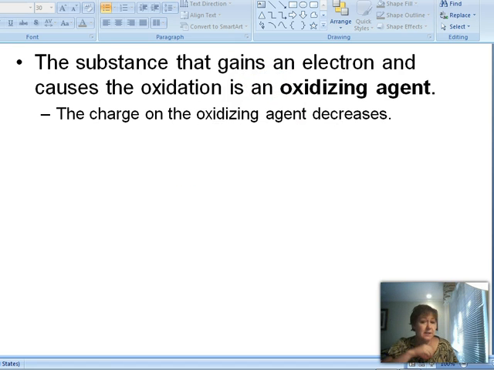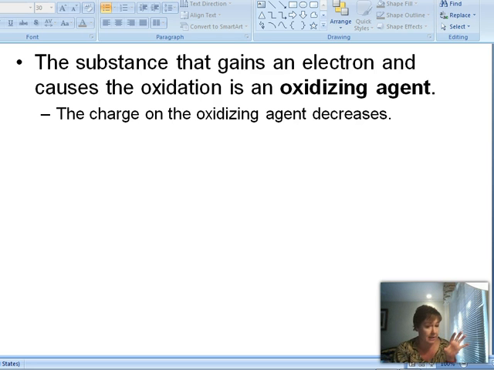And the substance that gains an electron and causes the oxidation is the oxidizing agent. So that is also a little bit confusing. Something will be oxidized, but then you have to figure out which of those two is the oxidizing agent. In the case of the oxidizing agent, it's the one that gains it on the other side.